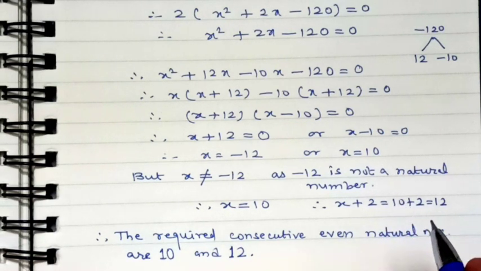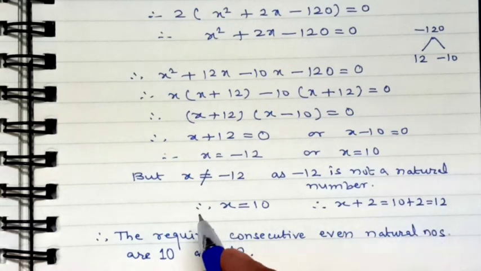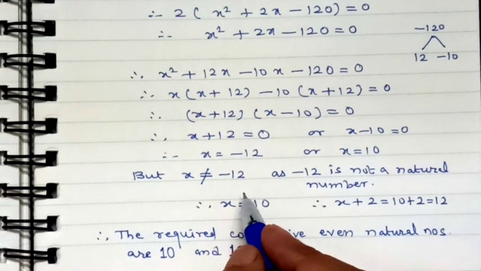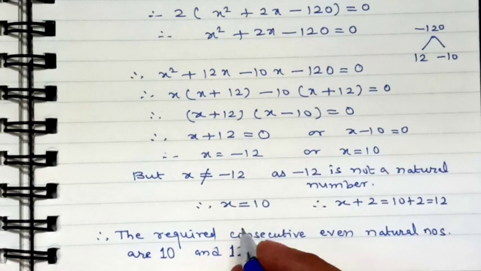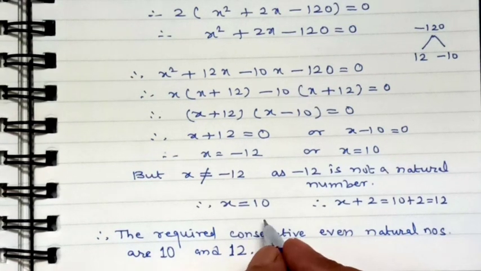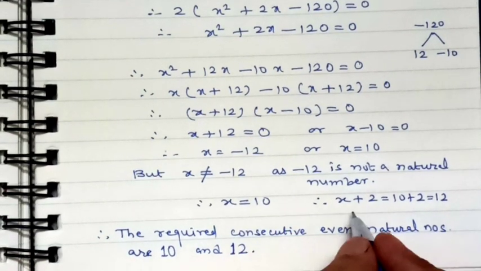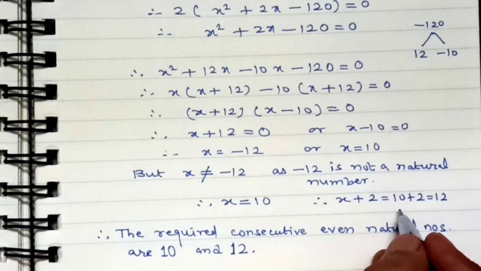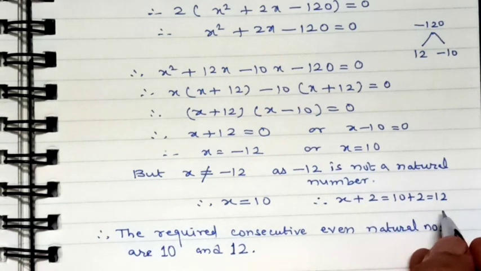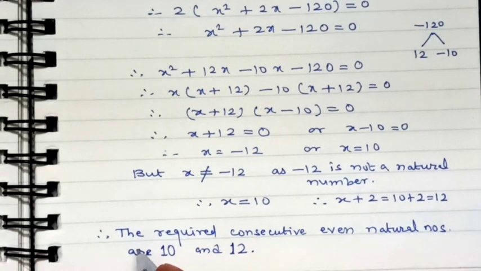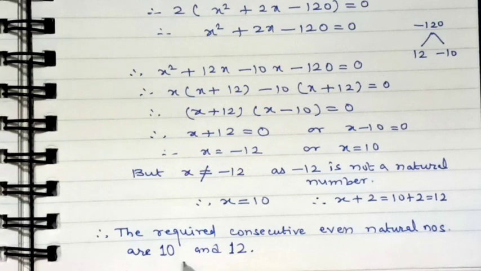So minus 12 is not a natural number, so we'll be writing x is not equal to minus 12. So ultimately x will be equal to 10. If x is equal to 10, then the next number x plus 2 will be 10 plus 2 is equal to 12. Therefore the required consecutive even natural numbers are 10 and 12.